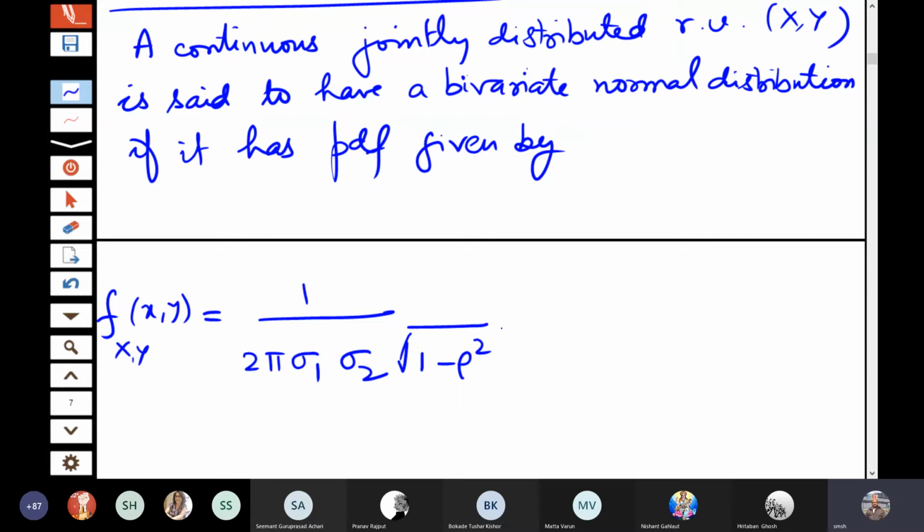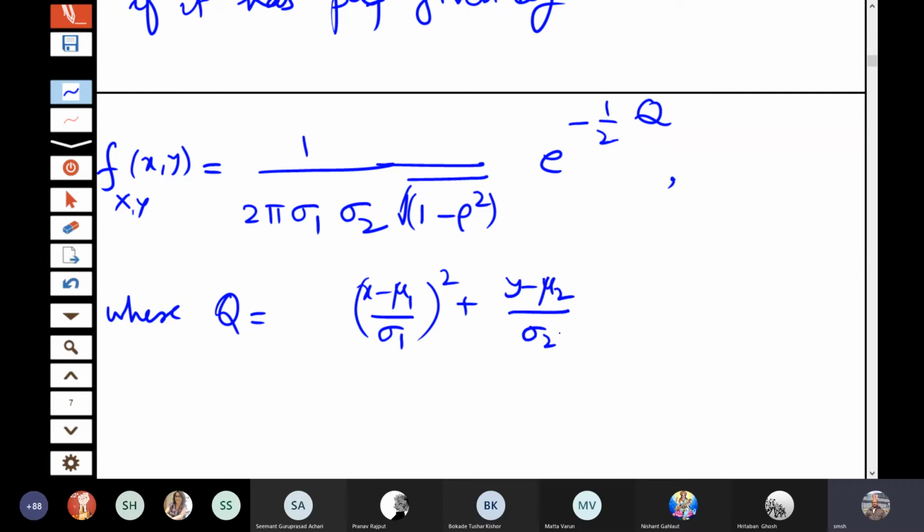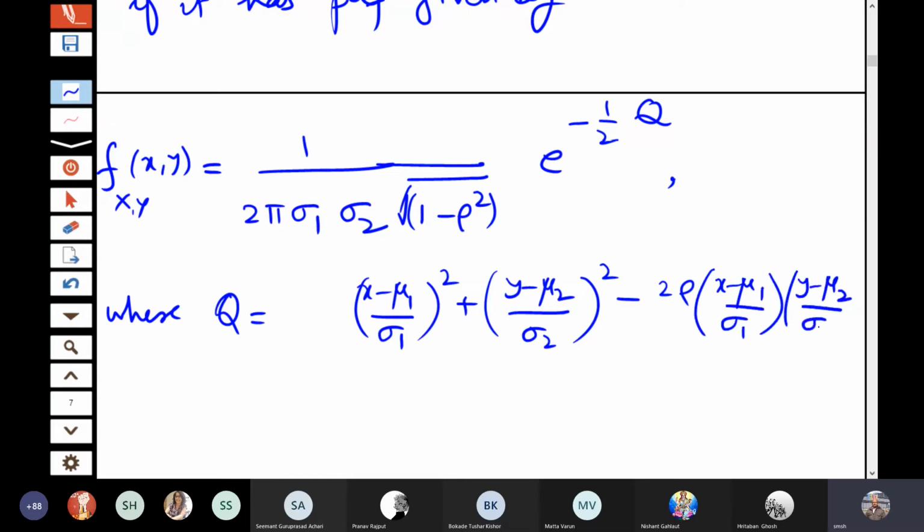So multiplied by 1 by square root of 1 minus rho square, and then you have e to the power minus 1 by 2 q, where q is (x minus mu 1 by sigma 1) square plus (y minus mu 2 by sigma 2) square minus 2 rho (x minus mu 1 by sigma 1)(y minus mu 2 by sigma 2), multiplied by 1 by 1 minus rho square.